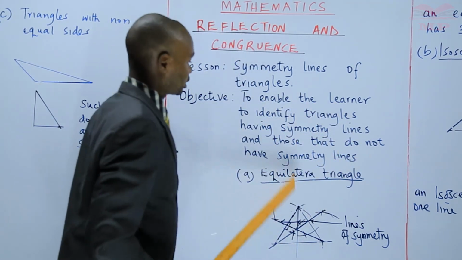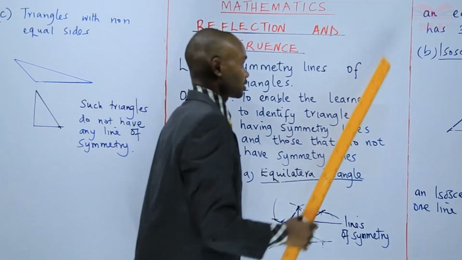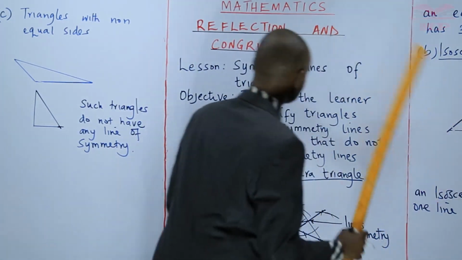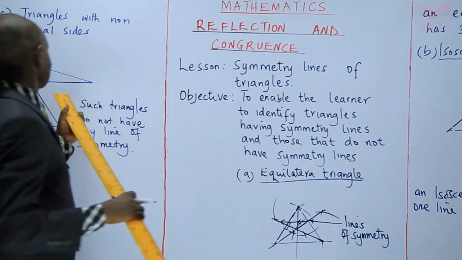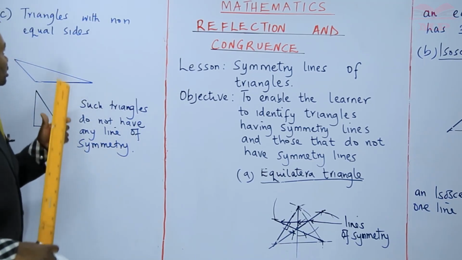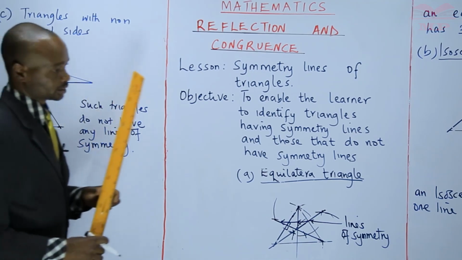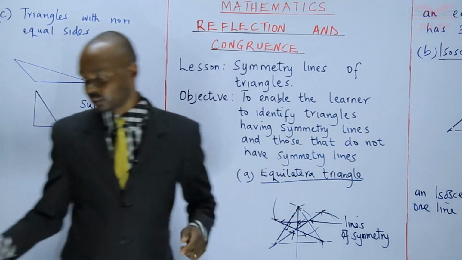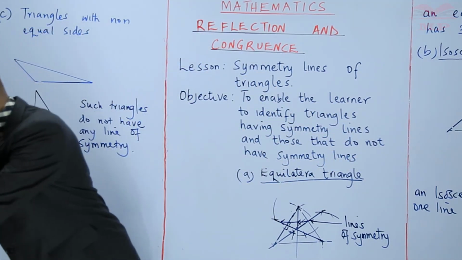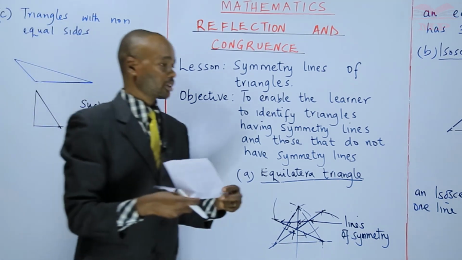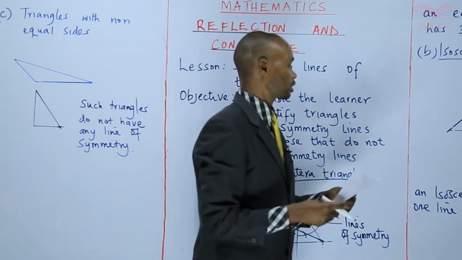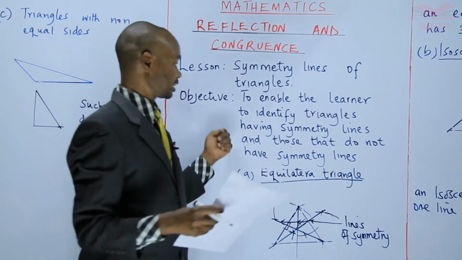So in conclusion, equilateral, 3 lines of symmetry, isosceles, 1 line of symmetry, and lastly, any other triangle with none of the sides equal to each other will have no line of symmetry. So make sure that you get the objective in the lesson.